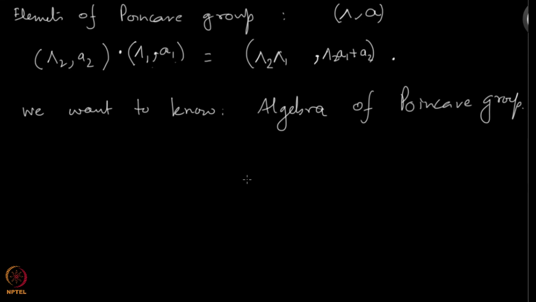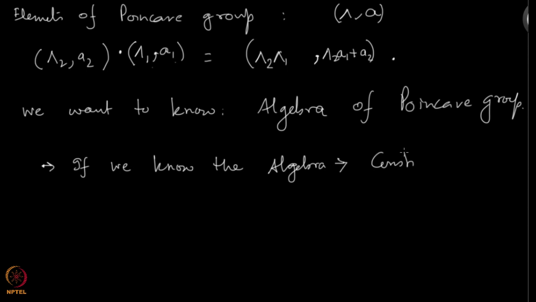Okay. So if we know the commutators, meaning the algebra, then we can construct the finite elements of the group. And you do not need to know anything more than the commutators.